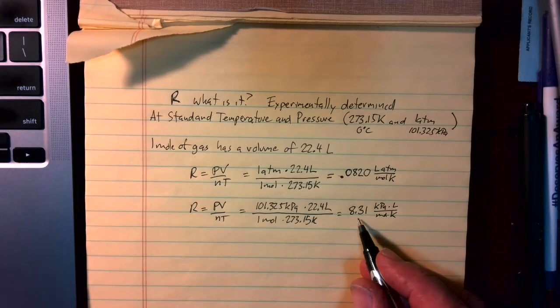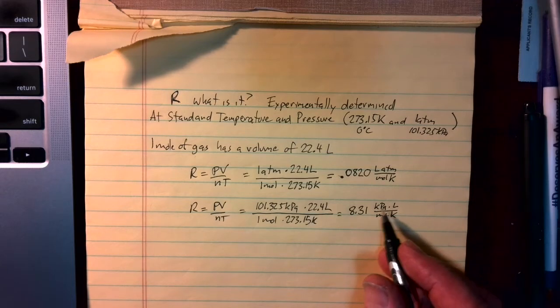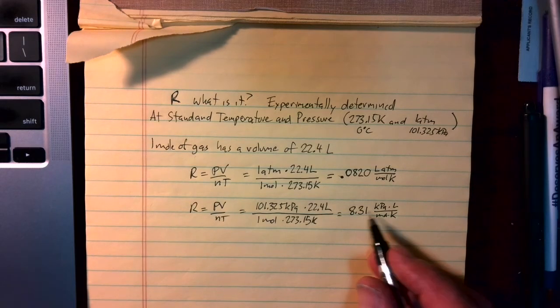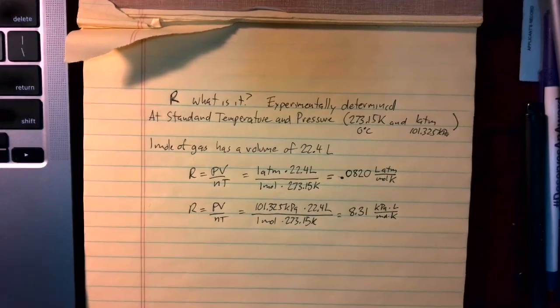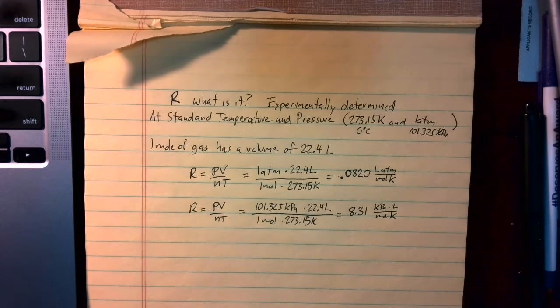The other reason to use this one sometimes is that 8.31 kilopascal liters is also 8.31 joules. So when you're talking about energy with the work done while compressing or expanding gases, we're going to use 8.31 for that too. Or I say we, but you would if you were doing that. So these two constants are typically used when you're doing gas law problems.